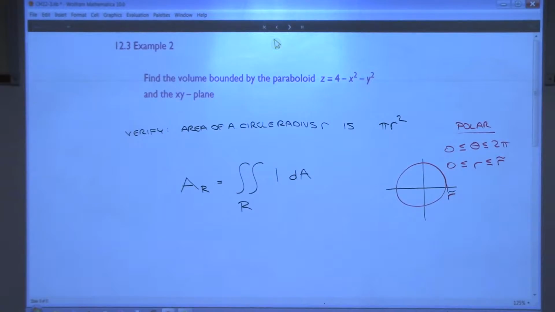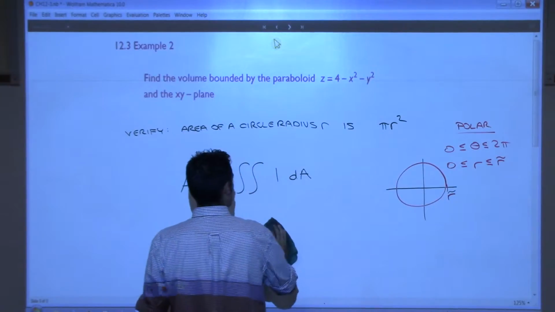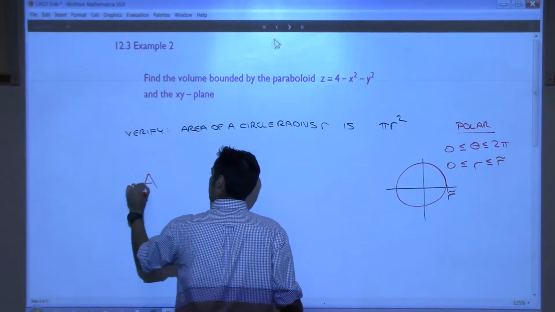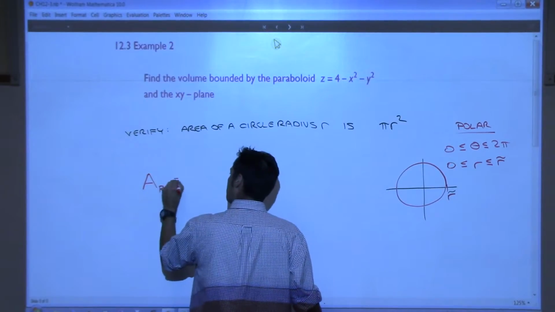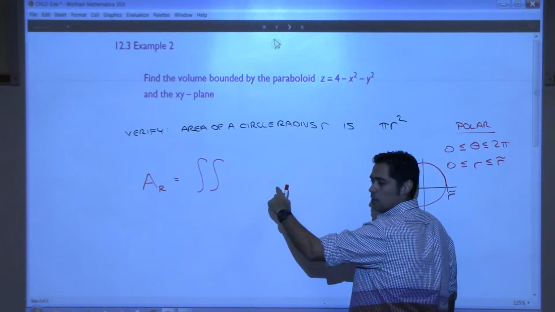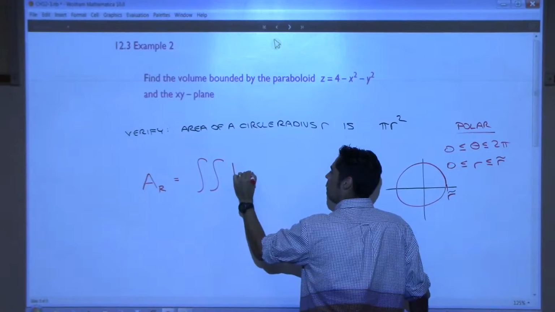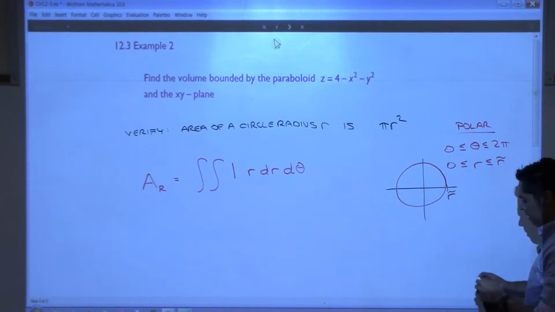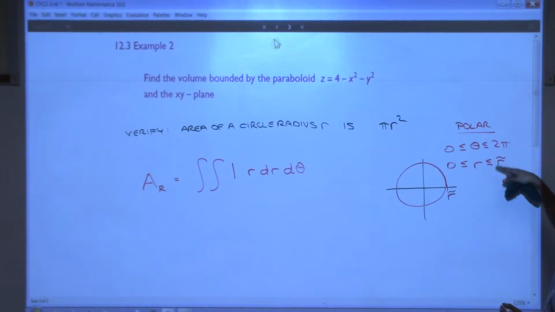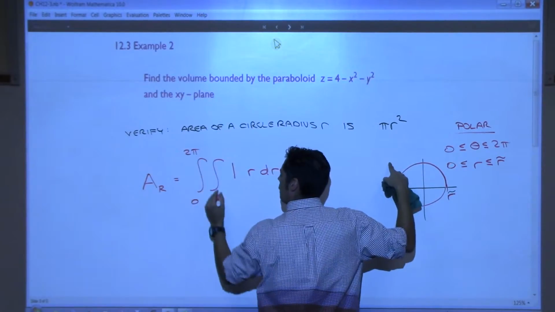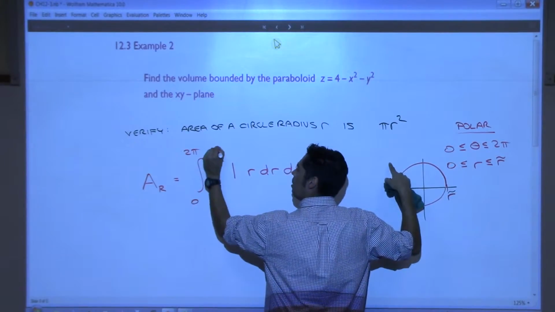All right, set up the double integral. What does it become? The area of that circle over that region R should be equal to the double integral. It's polar, so I always have to put what in polar? r dr d theta, so I'm doing 1 r dr d theta. What's my restriction on r? I can put that in there, and my restriction on theta. Theta goes on the outside, 0 to 2 pi, and r from 0 to R tilde.